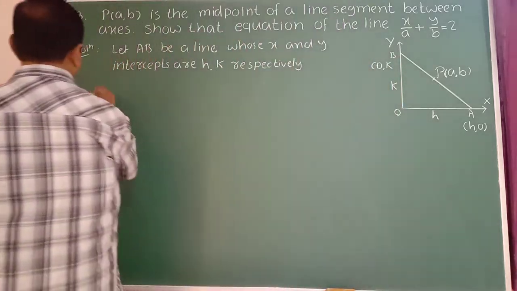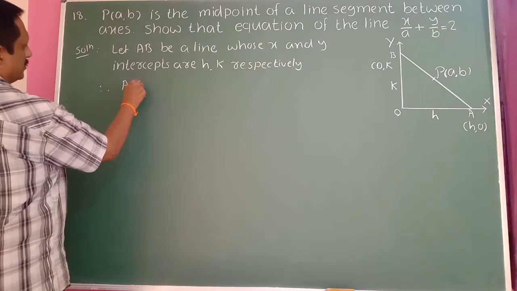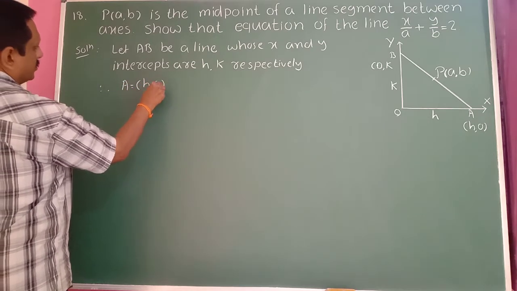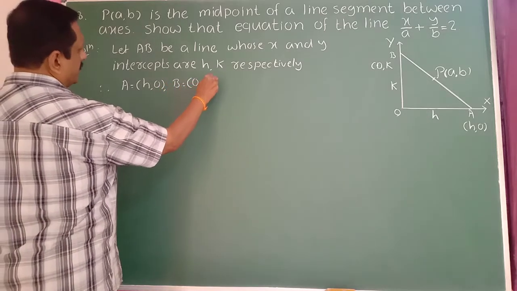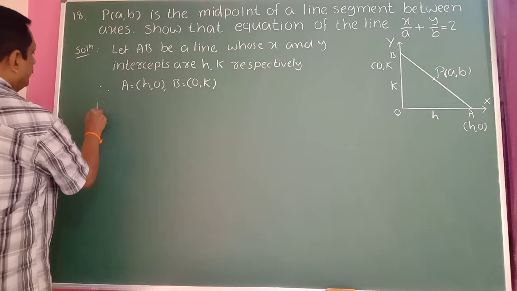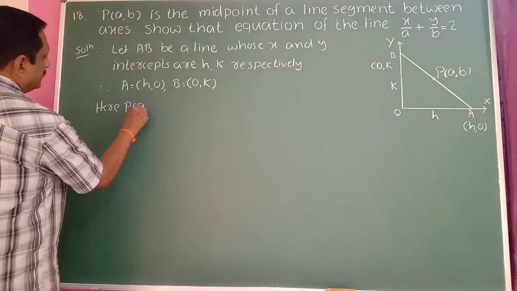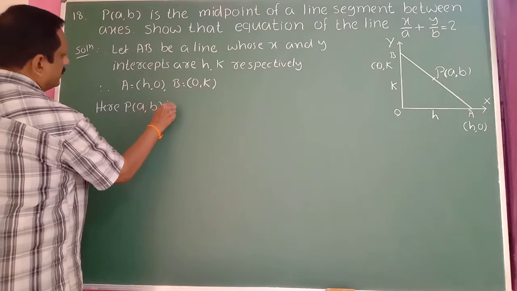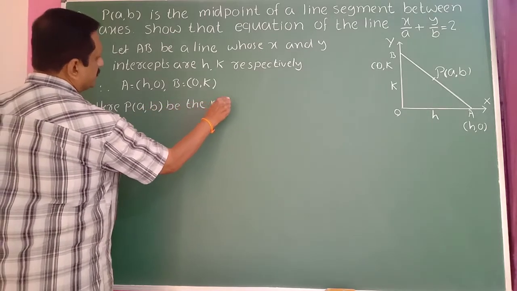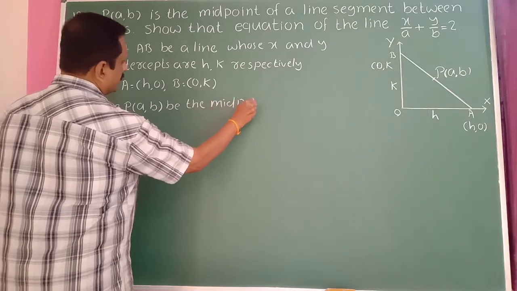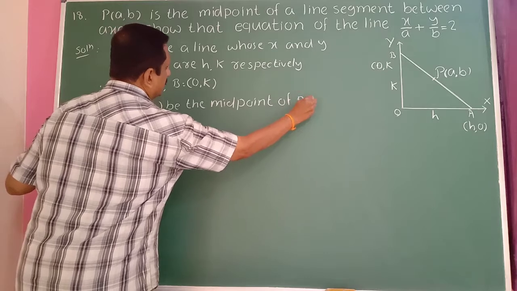Therefore, A is equal to (h, 0) and B is equal to (0, k). Okay, here P(a, b) be the midpoint of the line AB.